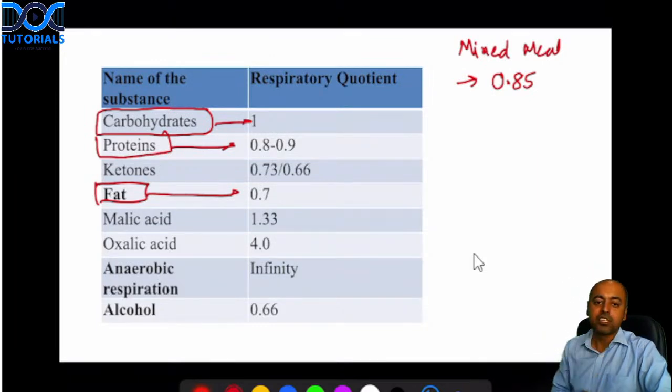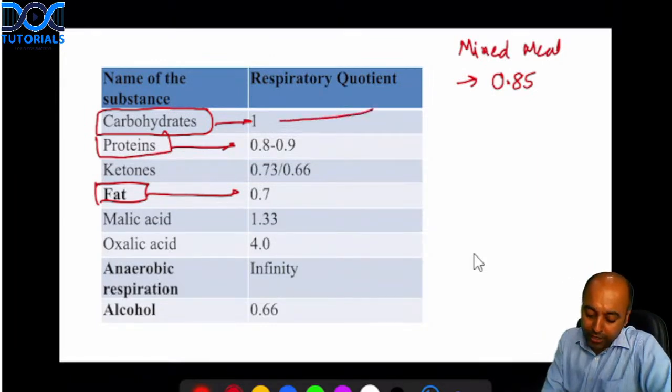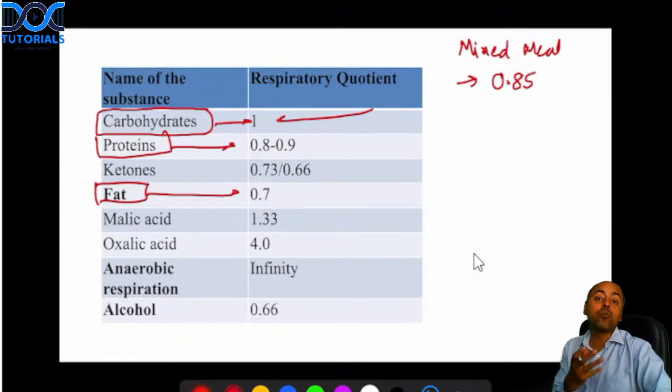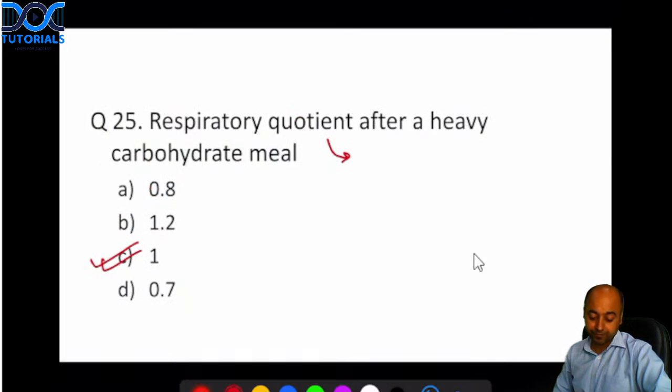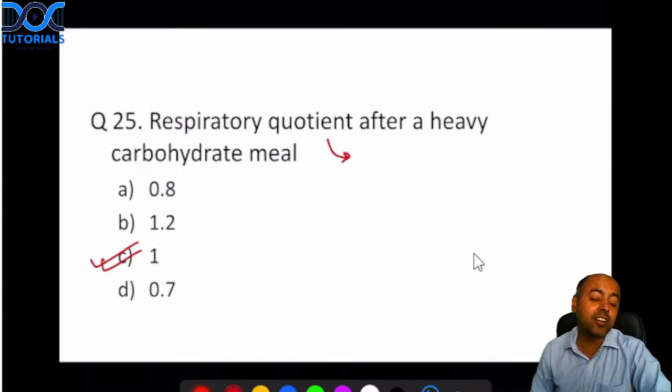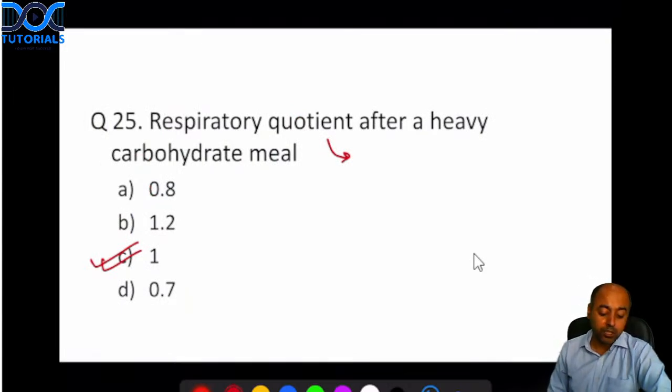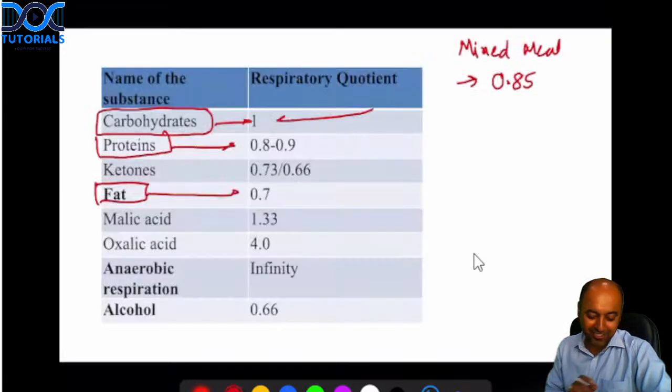On an average, the value should be 0.85. But if you have more carbohydrate, as in the question, a carbohydrate heavy meal, then it will be closer to 1, and that is why here the answer would be 1. Okay, respiratory quotient after a heavy carbohydrate meal will be 1. Very good. Saurav has given the correct answer.